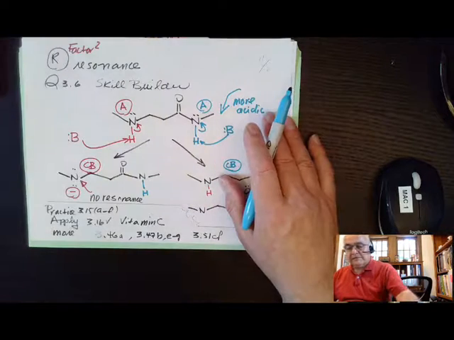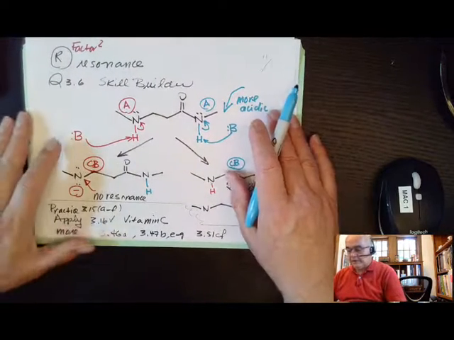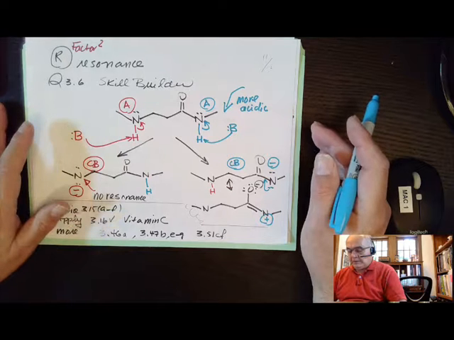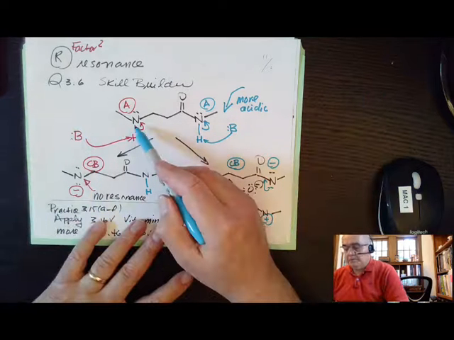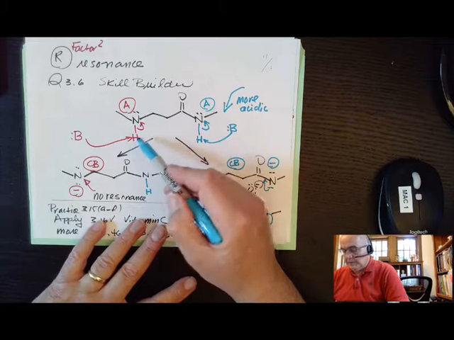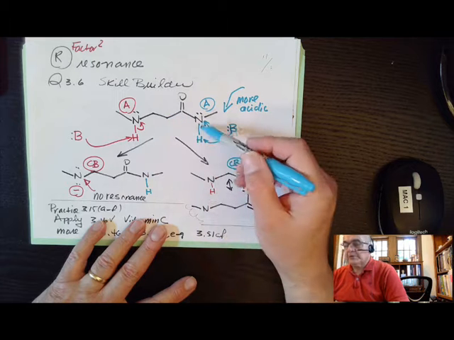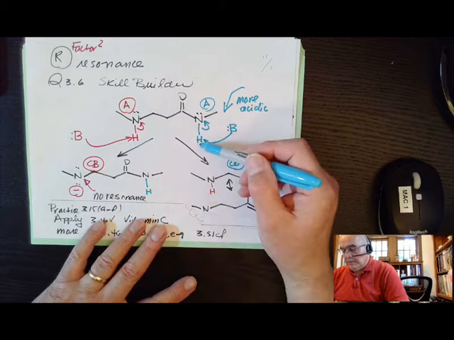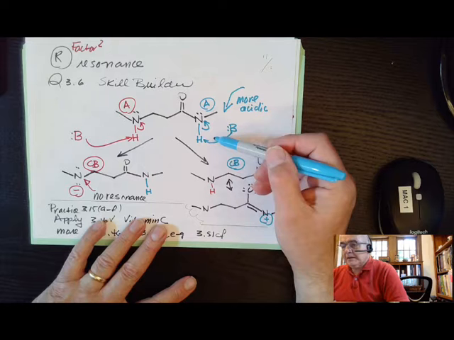What if we have resonance now? In the resonance skill, let's say we have a molecule made of nitrogen attached to a hydrogen, or proton. You have a nitrogen here that also has a proton. Now the one on the right side, the blue one, has a resonance structure.